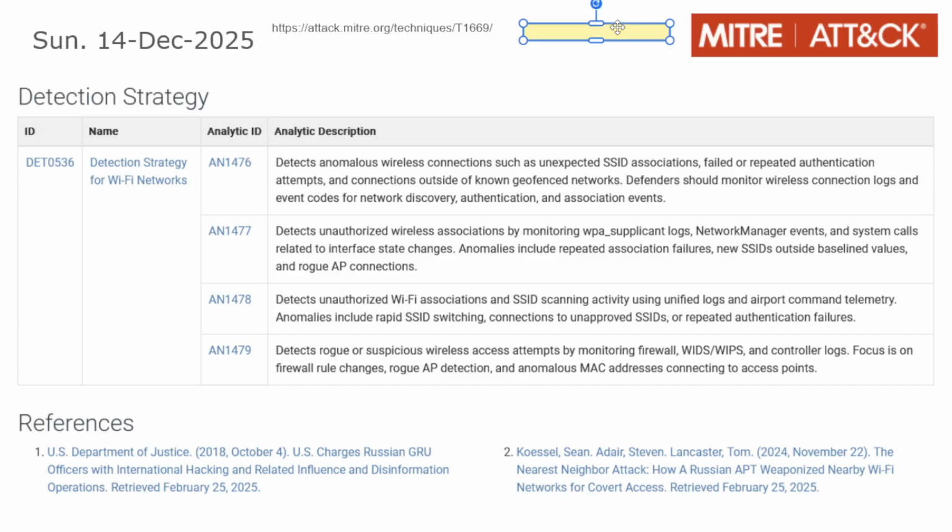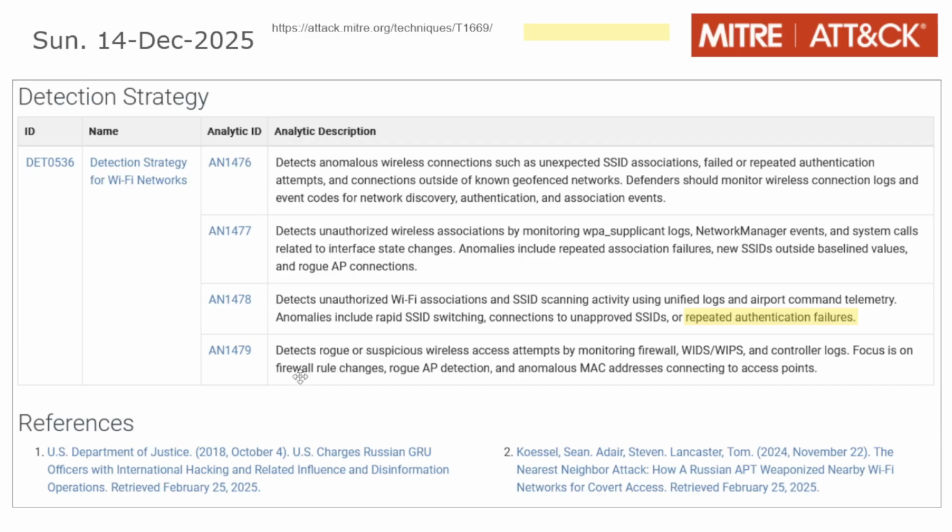So this right here is a common name of the game, repeated authentication failures, and this appears to be something to look out for in wireless to detect it. And then we have the last one. Let's skip it. It's somewhat similar to the others.